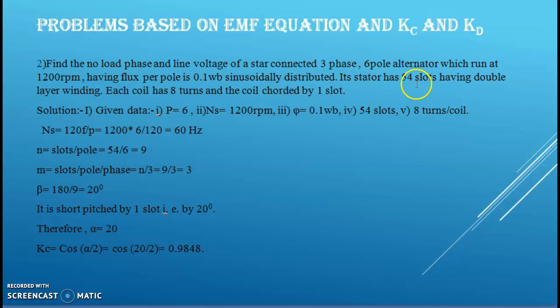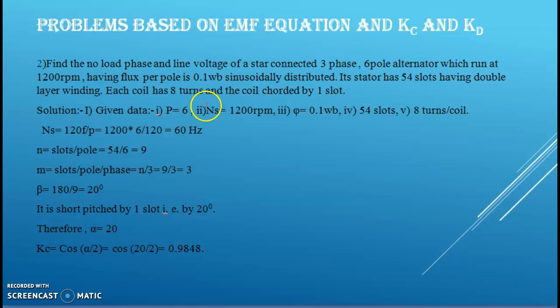Its stator has 54 slots and has a double layer winding. So this is the highlight. Each coil has 8 turns and the coil is chorded or shorted by one slot.